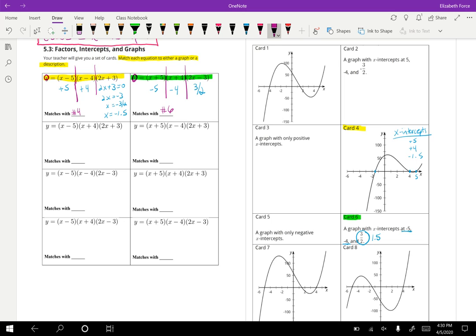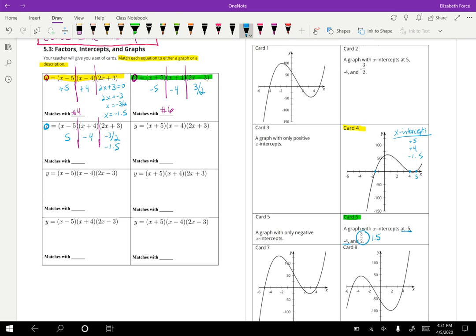If I look at the third function here, x minus 5, x plus 4, and then 2x plus 3, we know that the zeros are going to be at positive 5, negative 4, and minus 3 divided by 2, or another way to say it, negative 1.5.